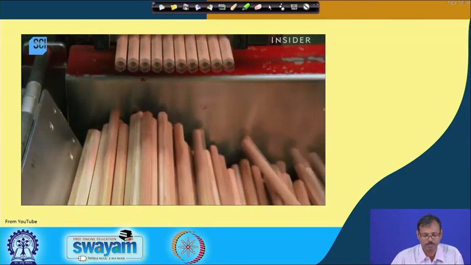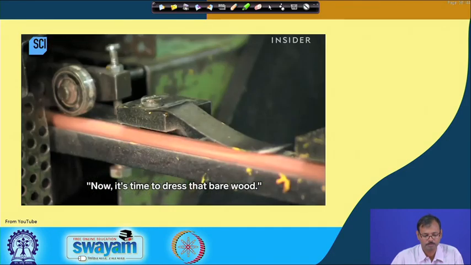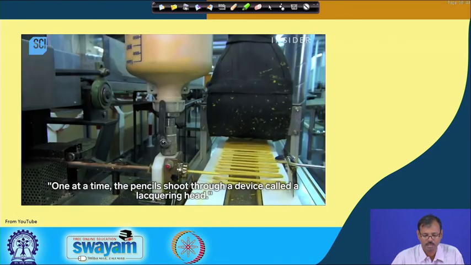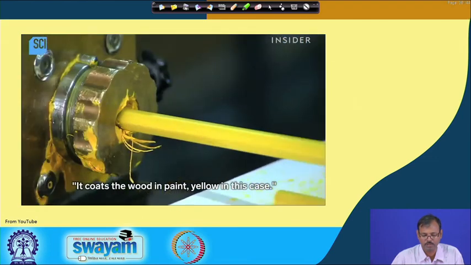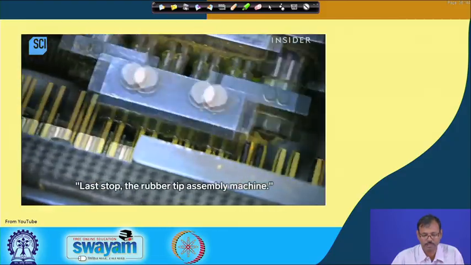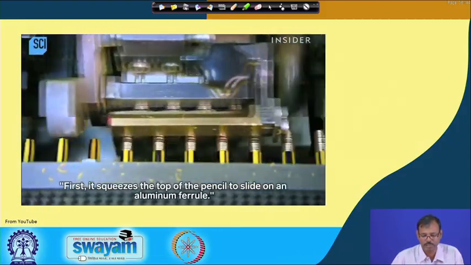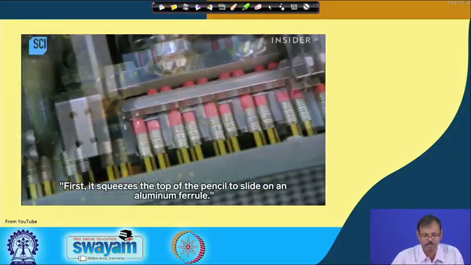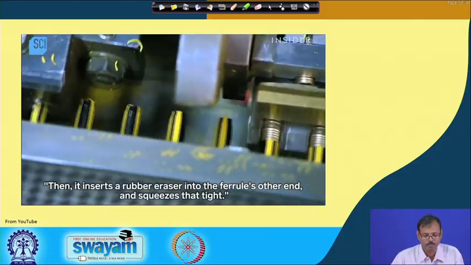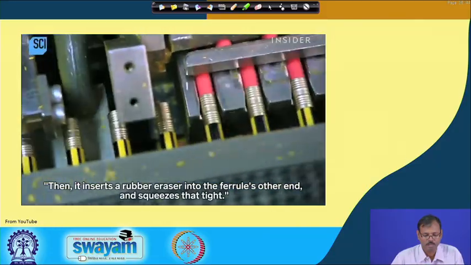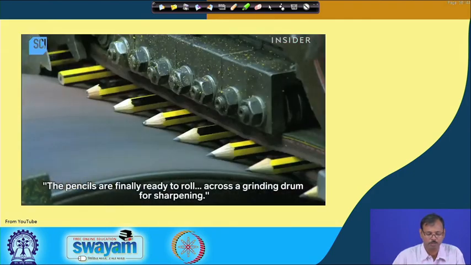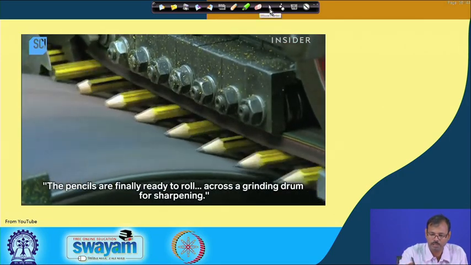Then the decorations are made on the pencils. Coloring is also done. So, this is the final finishing, colors etc. are being provided. Then if required, the eraser will be placed on the back side of the pencil, and finally they are placed in a box for further shipping.